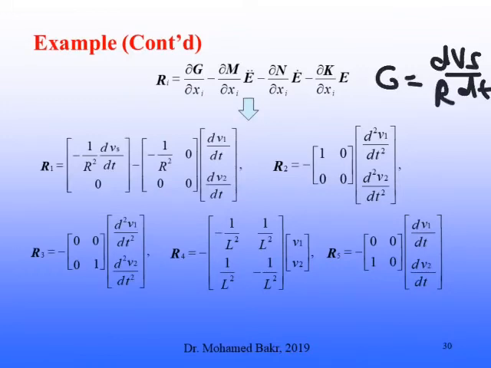But the residue had partial G, partial xi. So if xi is R, if my current parameter is R, I have here R in the denominator. So this is going to give me minus 1 over R squared dVs by dt. And this is what I have here exactly. So this is the first residue. This is the residue corresponding to the parameter x1, and the x1 is equal to R.